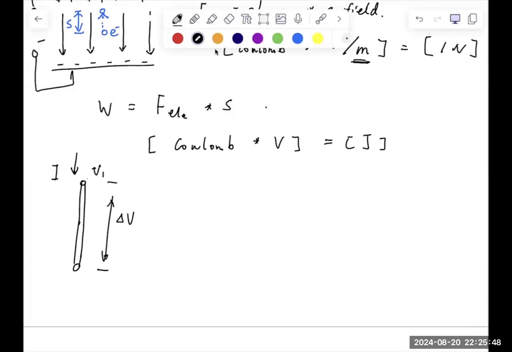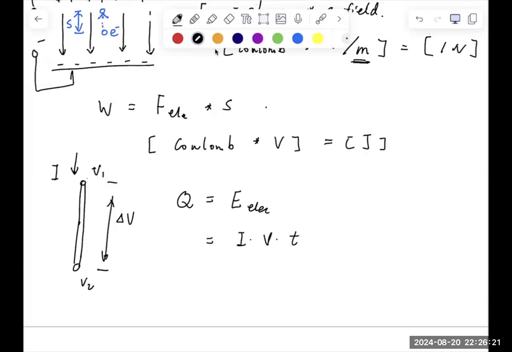Let's say if this is the V1, this is the V2, then the delta V. Then the heat generated by this current will be the same as the electrical energy, which would equal the current times the voltage times the time.